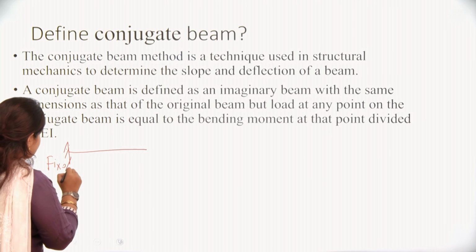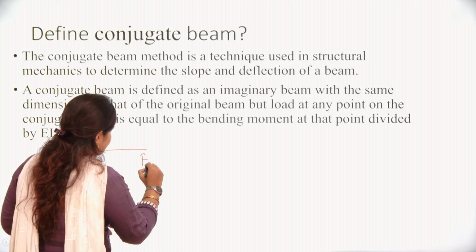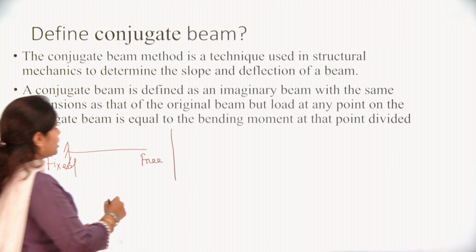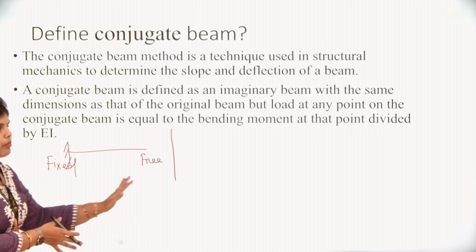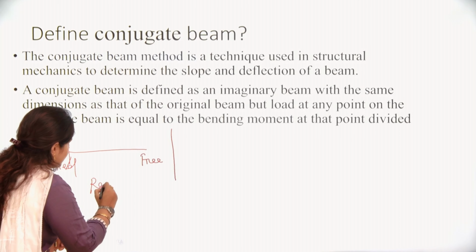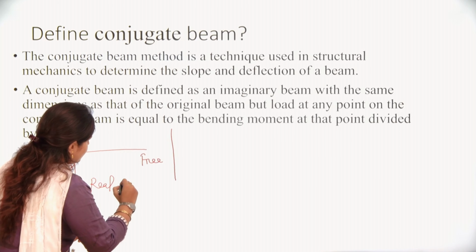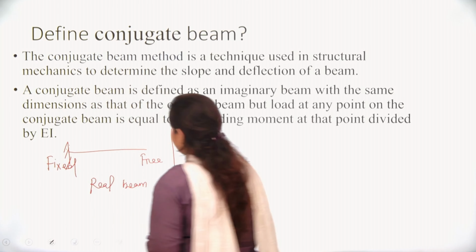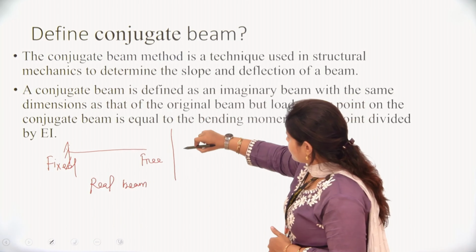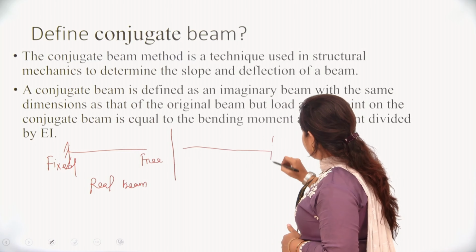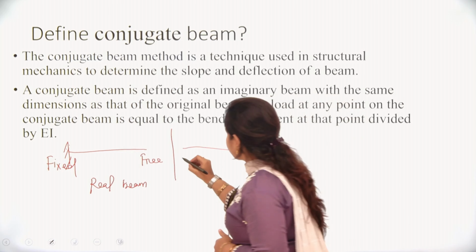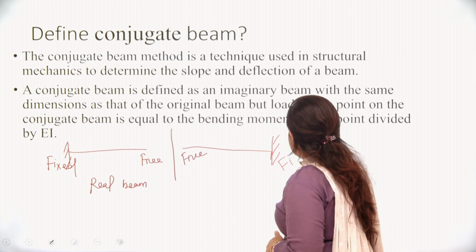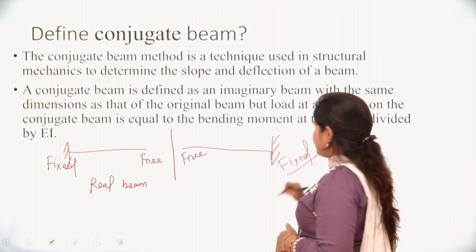You can see this end is fixed and the other one is free. The conjugate beam is nothing but the complete mirror image of the real beam. Here, this will be free and this end is the fixed end.